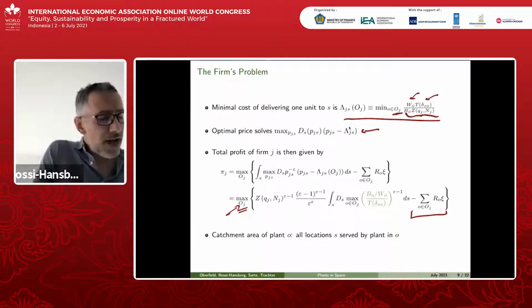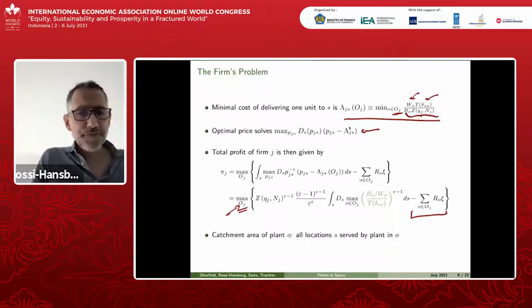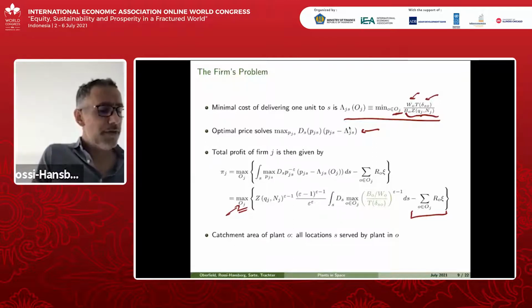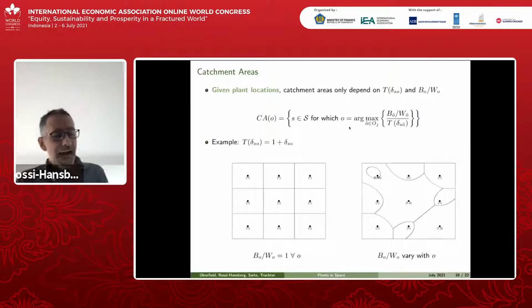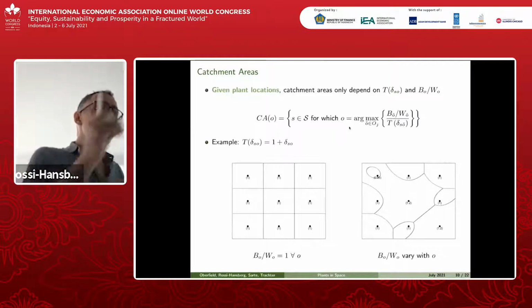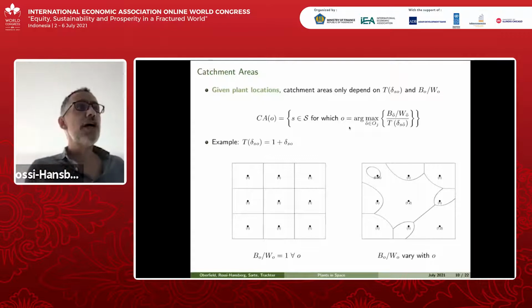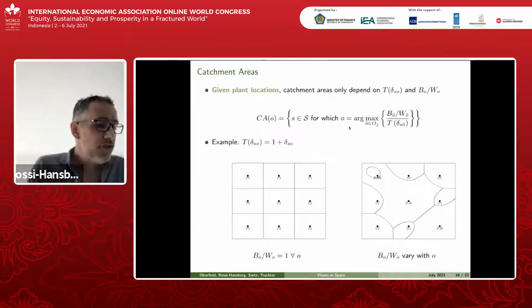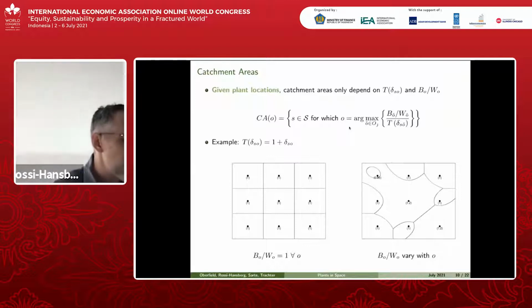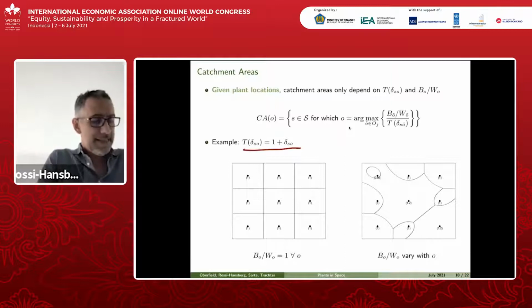Okay, so now let's think about the first optimization problem there. So the first optimization problem is the catchment area. So how do you decide how to serve a customer conditional on where your plans are? And just to give you an example of that, suppose we have a particular transport cost function here, which is just 1 plus distance, all right?